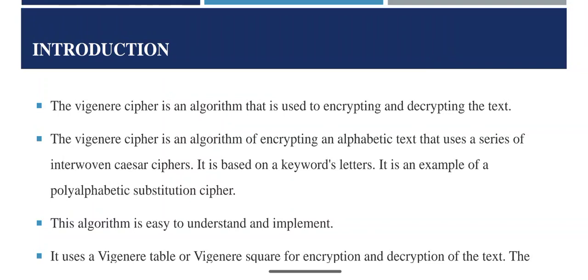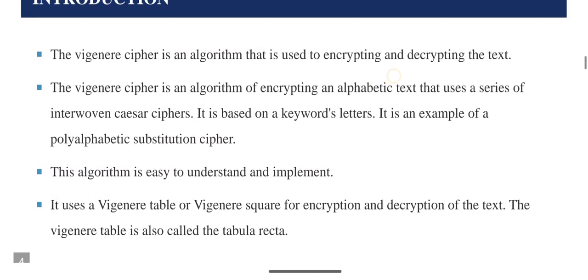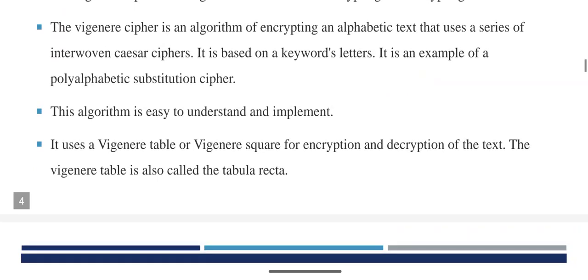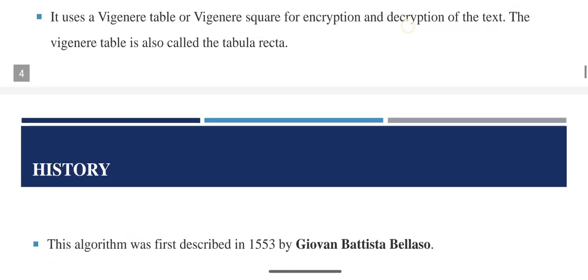It is an example of a polyalphabetic substitution cipher. This algorithm is easy to understand and implement. It uses a Vigenere table or Vigenere square for encryption and decryption of the text. The Vigenere table is also called the tabula recta.